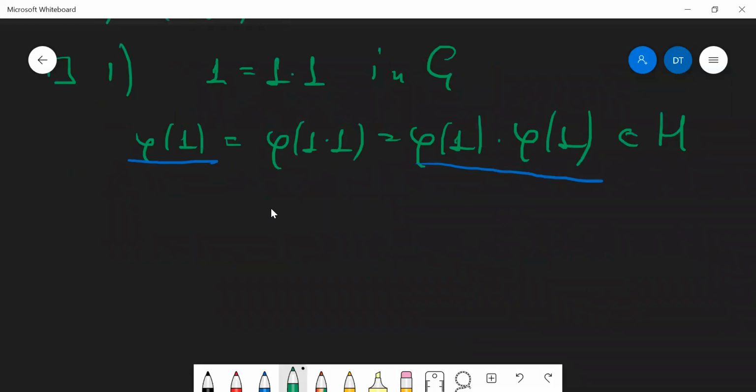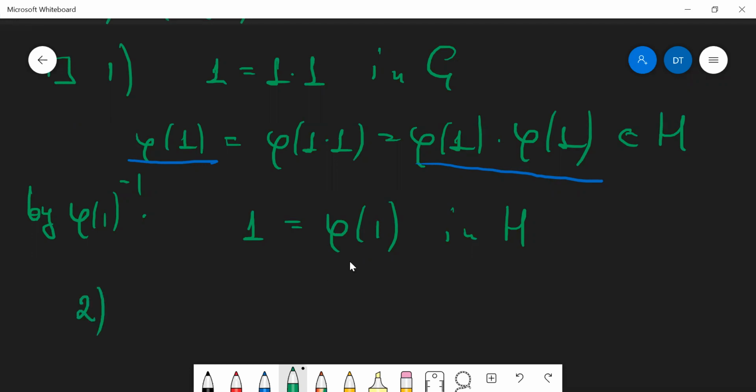So we may multiply this equality by phi of 1 inverse, just multiply it, say from the left, and then we will get 1 equals phi of 1 in H. That's it. That's what we want. Are there any questions? Okay, so let me proceed.